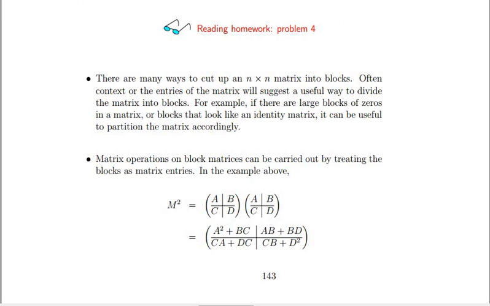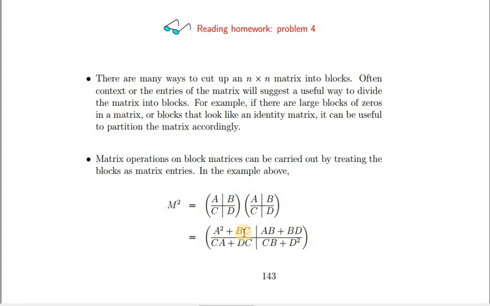Now, of course, there's more than one way of dividing a matrix up into blocks. But it turns out that once you've divided the matrix up into compatible blocks, you can multiply matrices block by block. So the block in the upper left-hand corner of the product of these 2 block matrices can be written this way.